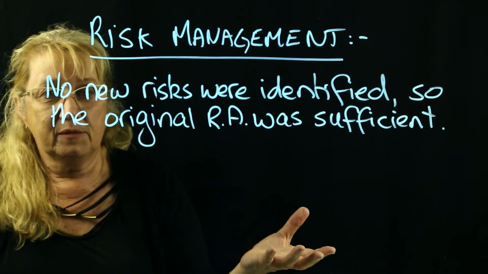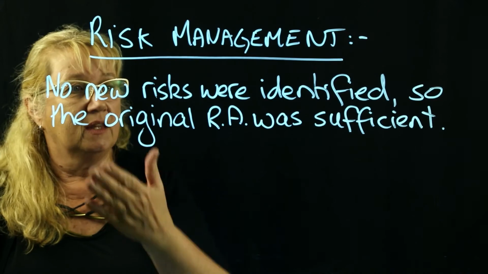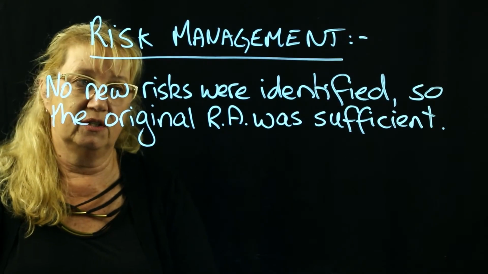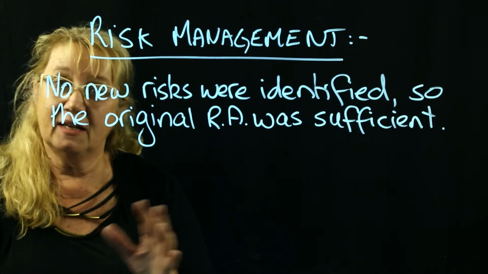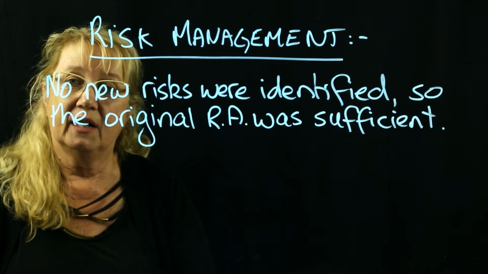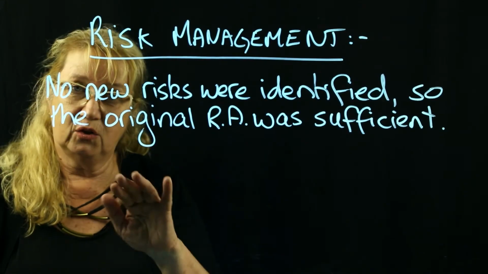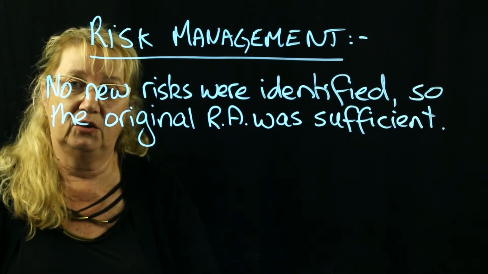You need to have a risk management that's considered. This tells us that you have looked at the risk management of the original and you've come to the conclusion that nothing's changed, and therefore the original risk management was sufficient. No changes were made, so you don't need to introduce anything new.